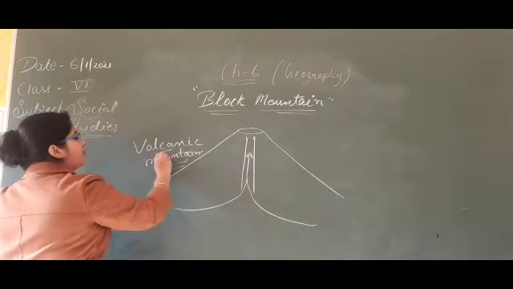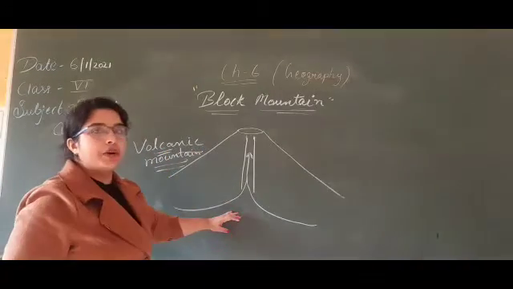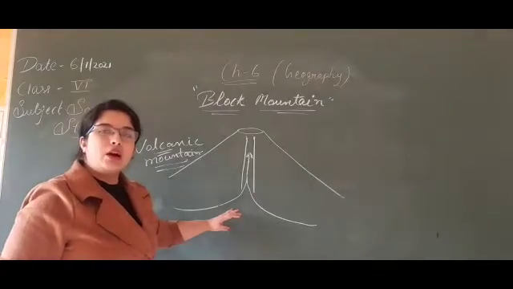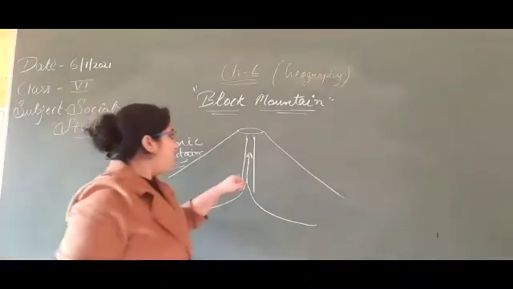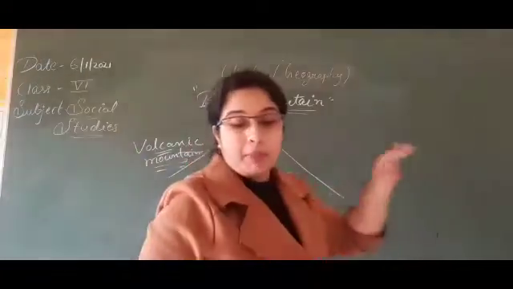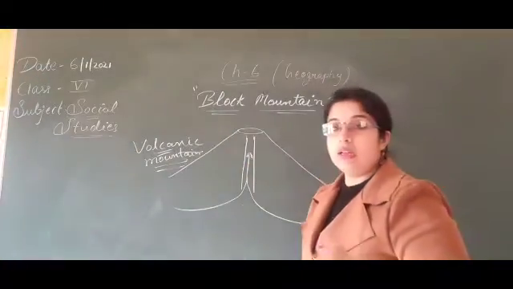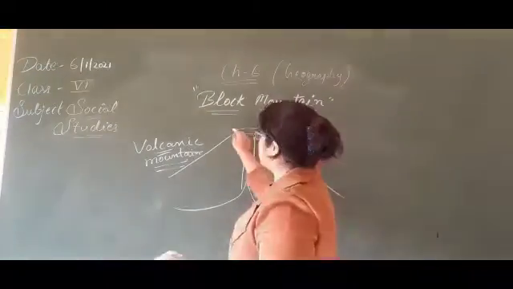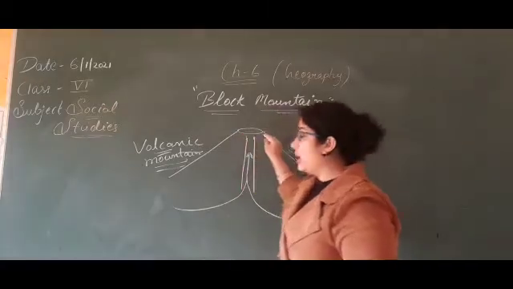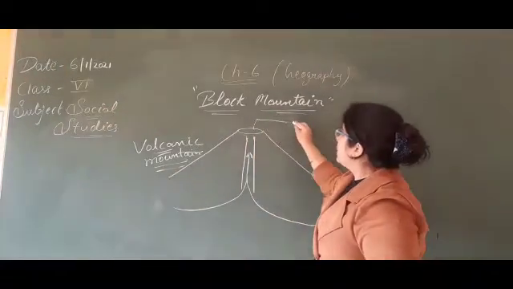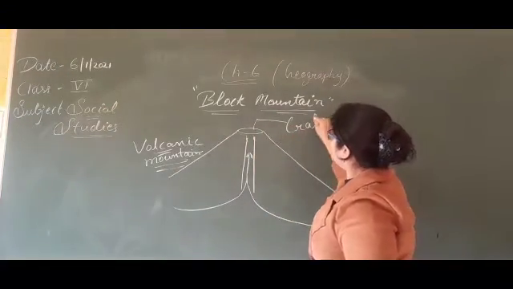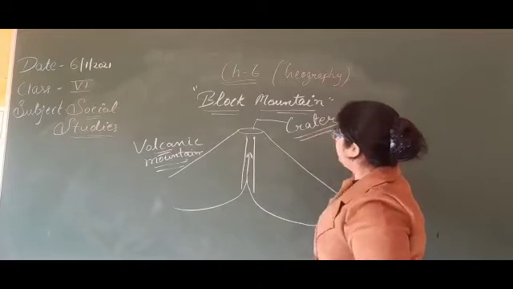This type of volcanic mountain is formed by the inner pressure of the gases and also of the lava. Next, the open mouth of this type of mountain is known as the bowl shape, that is known as crater.